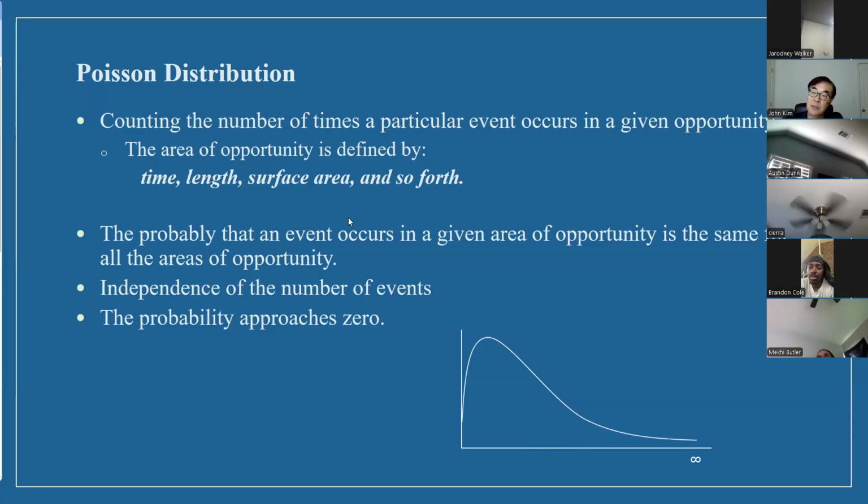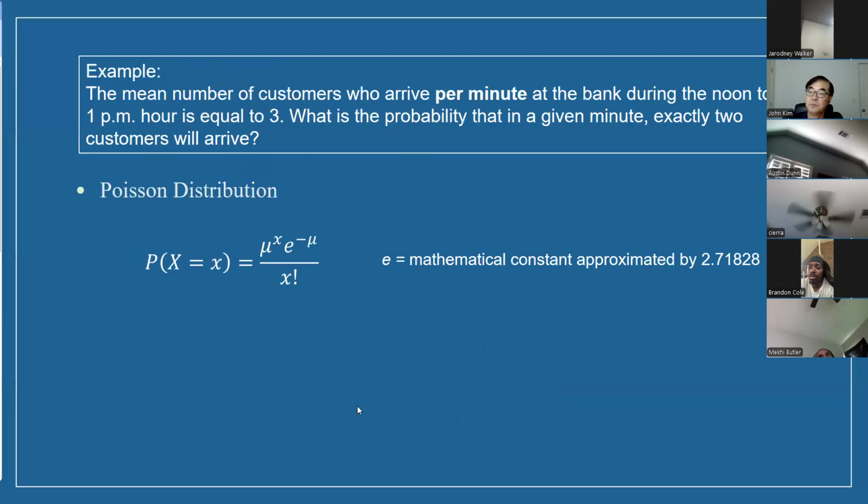So for the Poisson distribution there is no maximum number, it is infinite, and this line never touches 0.